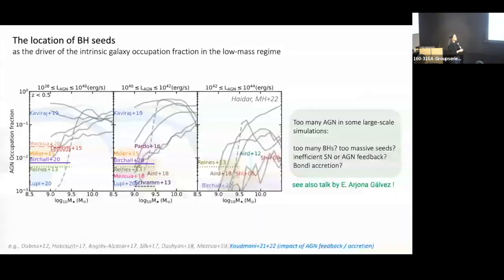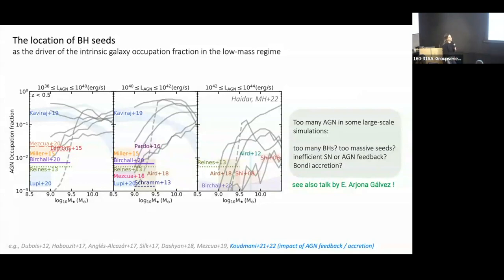Yeah, here it's really just based on the accretion rate in the simulation. We are converting this to bolometric luminosity, and I think here it's actually X-ray luminosity. That's what people have been doing in most simulation AGN studies.